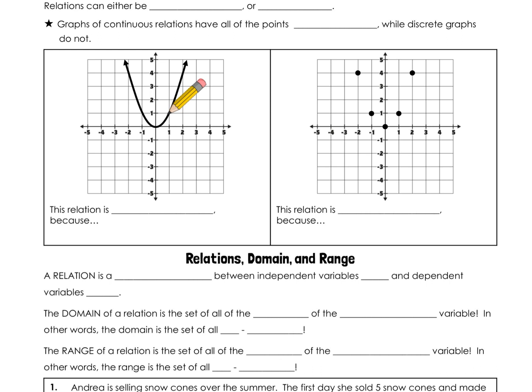Okay, so relations can be either continuous or discrete. Graphs of continuous relations have all the points connected. Discrete graphs do not.